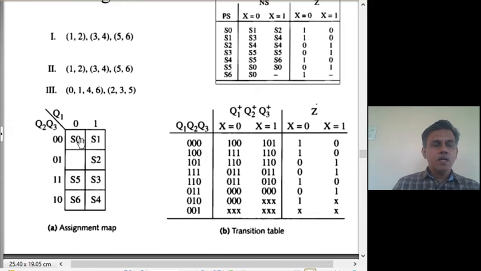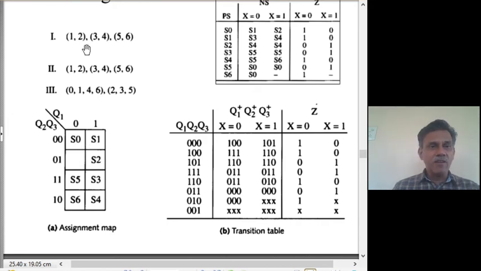Now, if you look at two squares which are adjacent in the K-map sense, they will differ by only one bit, because here Q2, Q3 are the same, Q1 although changes. So, these two are adjacent, they will have similar bit patterns or less Hamming distance.